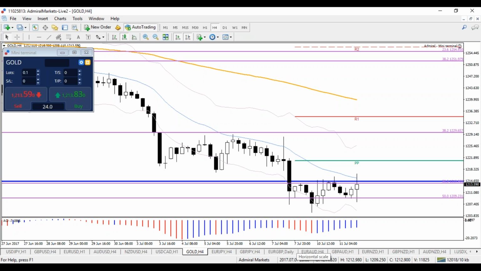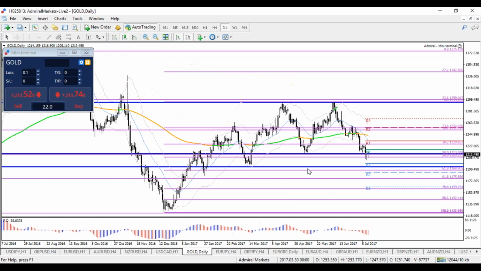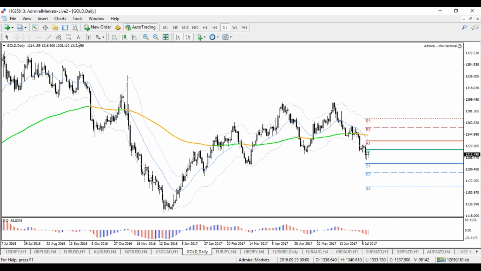Gold reversal at 1188. 1188. This is 61.8. That could be the reversal spot indeed.